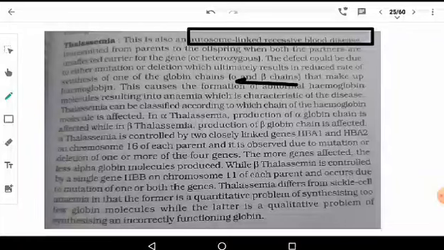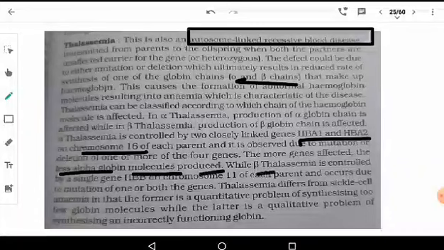Alpha thalassemia is controlled by two closely linked genes, that is HbA1 and HbA2, that is present on chromosome number 16, and it is observed due to mutation or deletion of one or more of the four genes. Now, the more genes affected, the fewer globin molecules are produced. As a result, the length of the chain is going to be reduced.